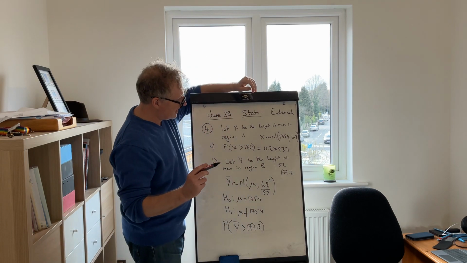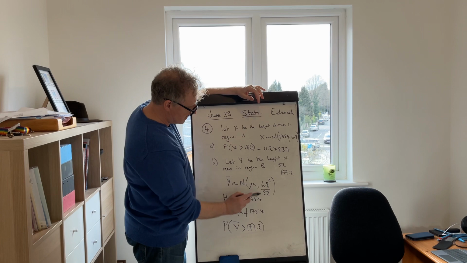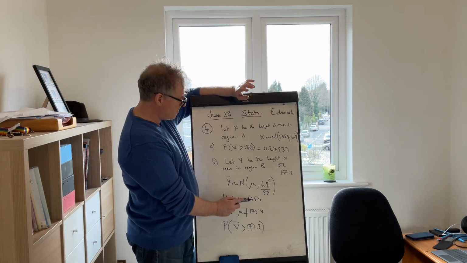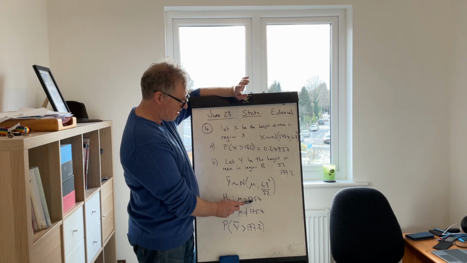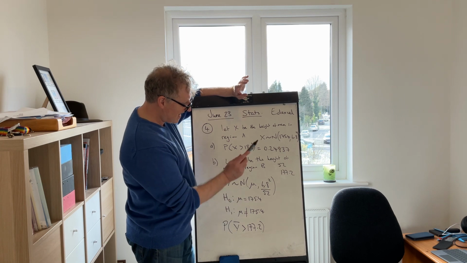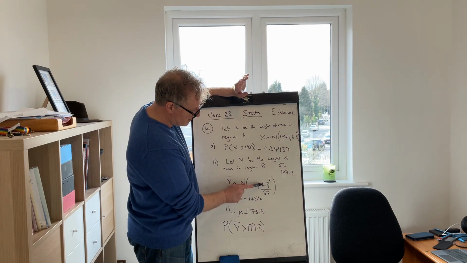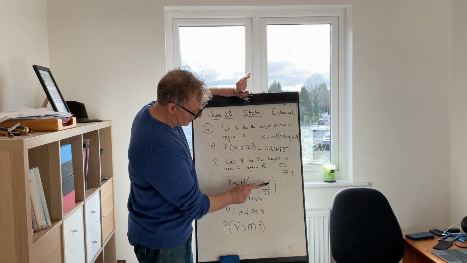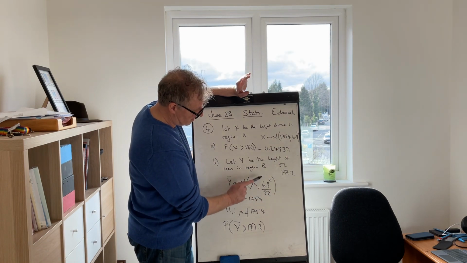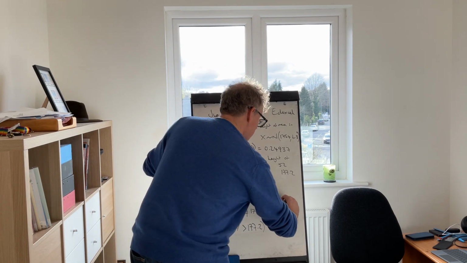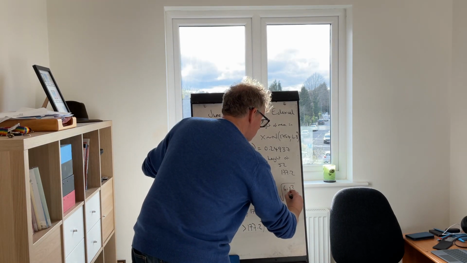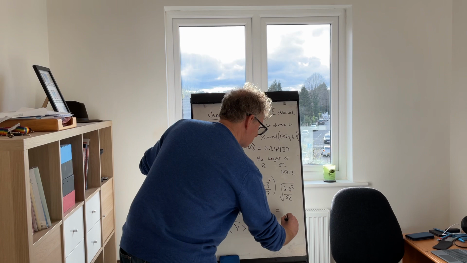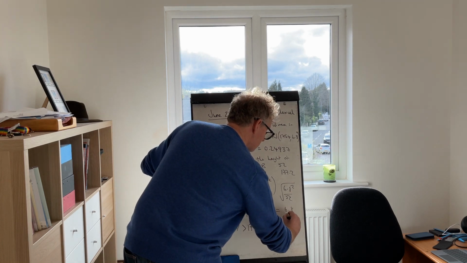So we're putting in our calculator a mean of 175.4, because we're going to assume it hasn't changed. We're going to assume that the null hypothesis is correct. For the standard deviation, though, we're going to be putting in the square root of this. So that's 6.8 over the square root of 52, because you are basically square rooting 6.8 squared over 52, which is obviously 6.8 over root 52.